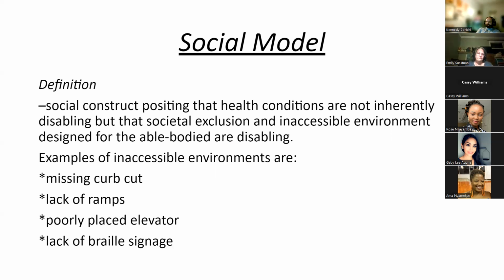I had some students where the elevator didn't work, so we had to make sure things were accessible, working with a disability specialist on campus to make sure the elevators work and there was braille on the inside, because some people are visually impaired but not blind. So this is what this model really speaks to.